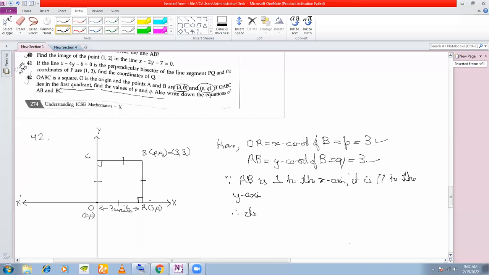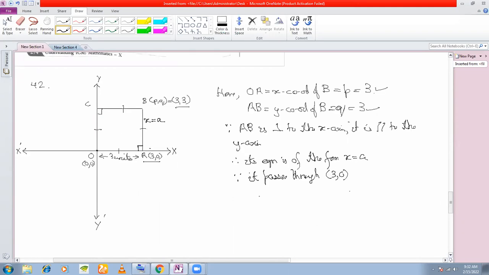Therefore, its equation is of the form x is equal to a, right? Now it passes through 3, 0 or 3, 3, whichever one you can use. You know 2 points, right? So you can find out the value of a here since it passes through 3, 0.